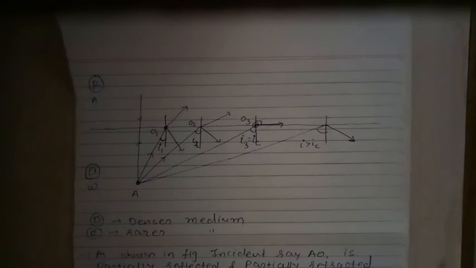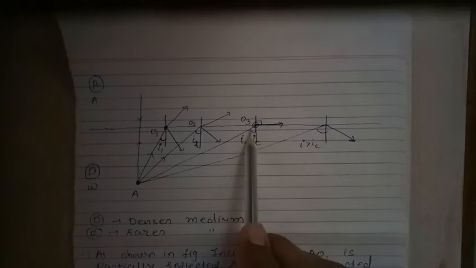Okay, now here consider this point as O3. So here angle theta 1 is I3, or we can say IC, which is the critical angle, and theta 2 is 90.